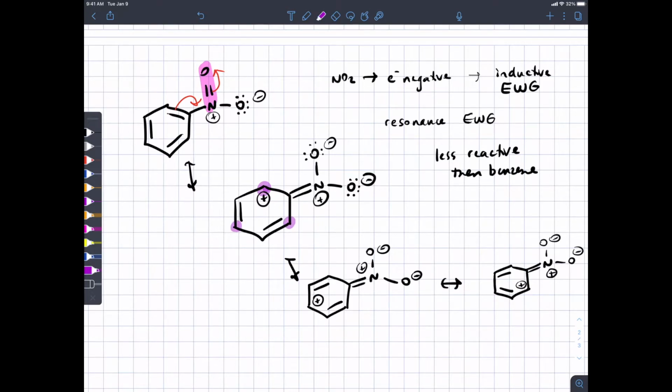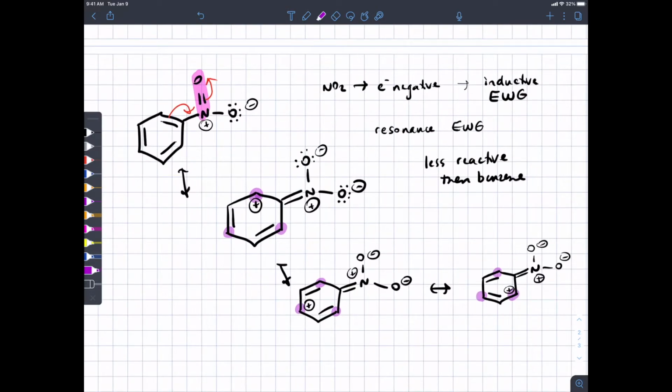So, I'll highlight the carbons that are especially electron poor due to the presence of the nitro group.